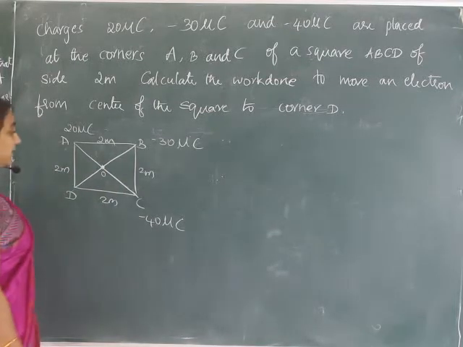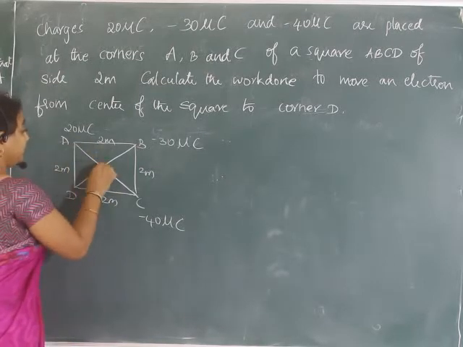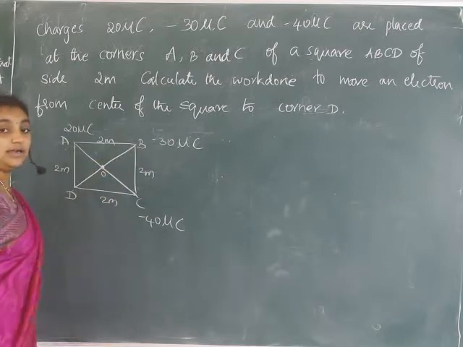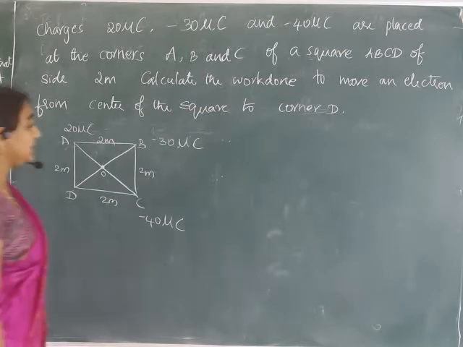Just like the previous problem, to move it from the center to D, we should know this distance which you have to calculate initially. After that you substitute and calculate. Which formula do we have to use here?